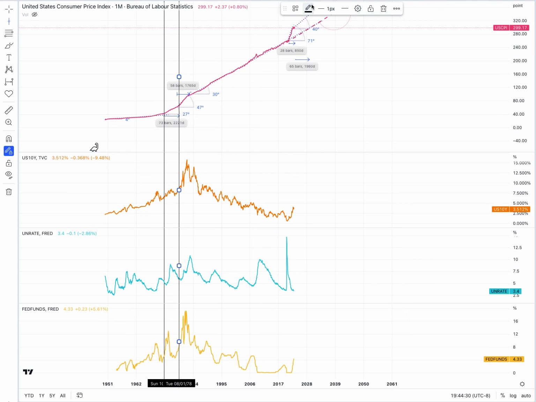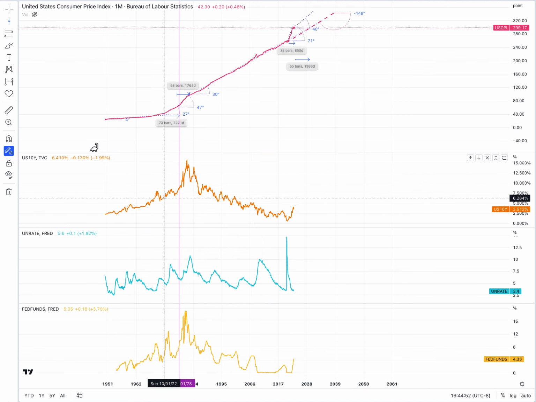I'm just going to color it differently, maybe magenta. This timeline was about 73 bars, or 2,221 days. That's around 1972 to 1978, a little over 6 years.